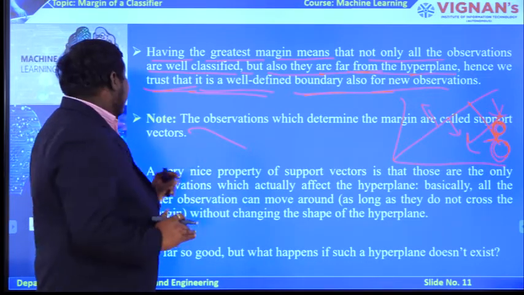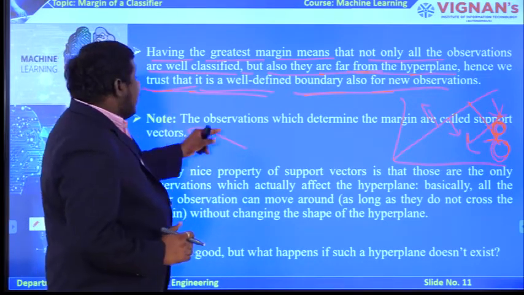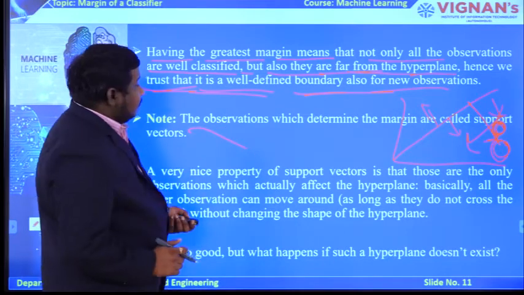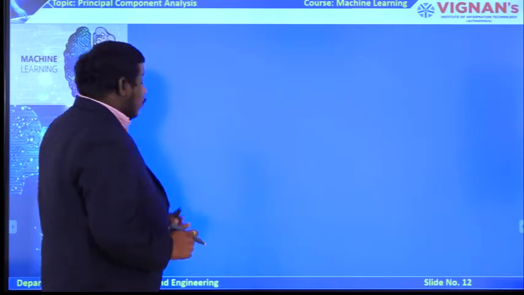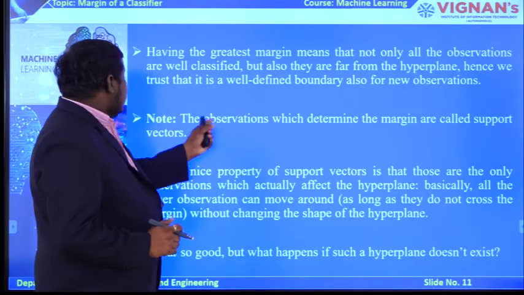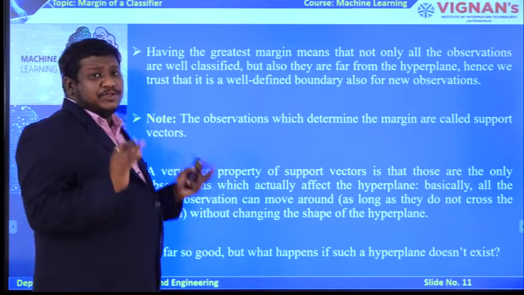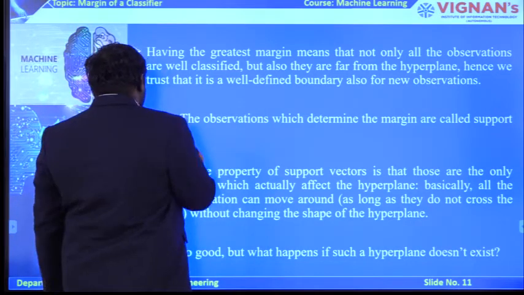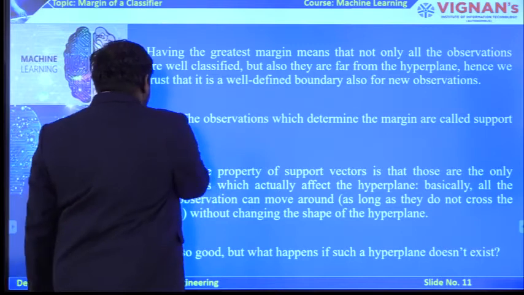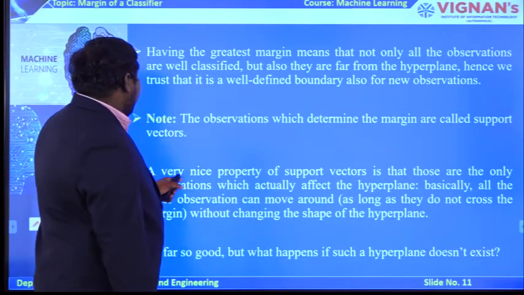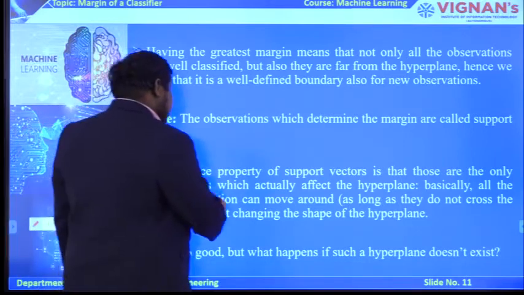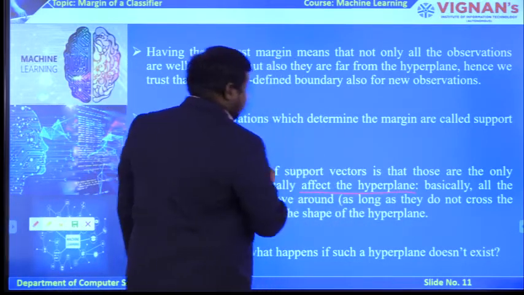Notice that the observations which determine the margin are called the support vectors. Whatever observations we use to determine the margin, we call them the support vectors. A very nice property of support vectors is that those are the only observations which actually affect the hyperplane.